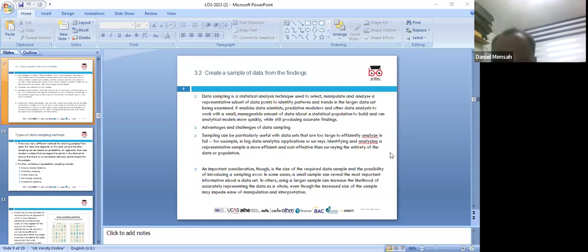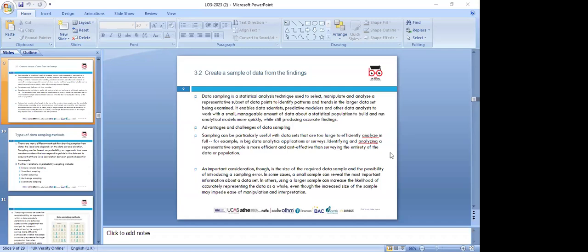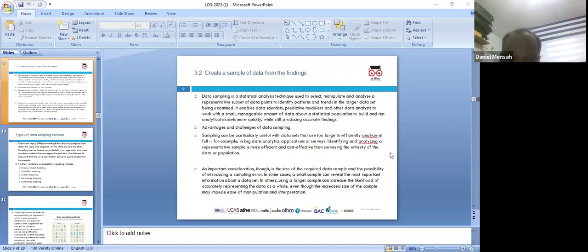An important consideration though is the size of the required data sample and the possibility of introducing a sample error. In some cases, a small sample can reveal the most important information about a data set. In others, using a larger sample can increase the likelihood of accurately representing the data as a whole, even though the increased size of the sample may impede the ease of manipulation and interpretation.